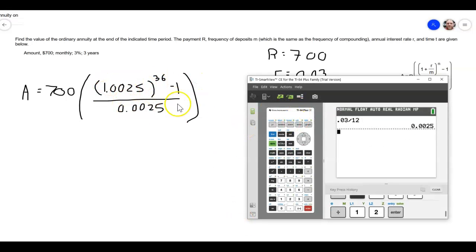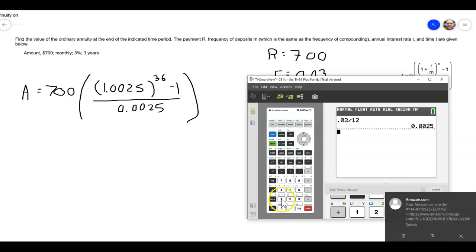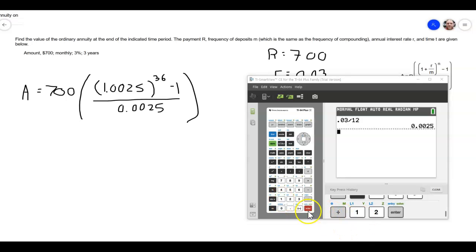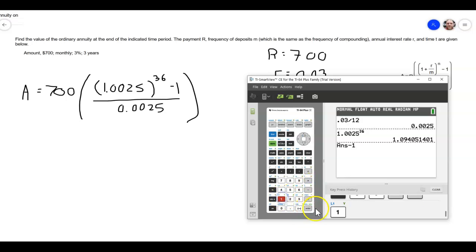All right, then I'm going to pull up the calculator here. Remember, we do the inside here first. So I'm going to do 1.0025 raised to the 36th power. All right, enter. Minus 1. Enter.